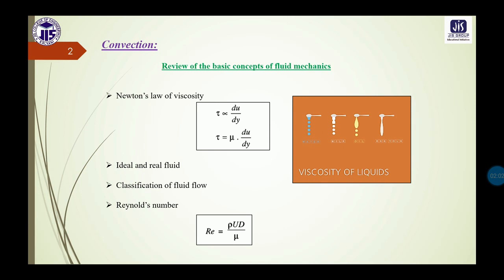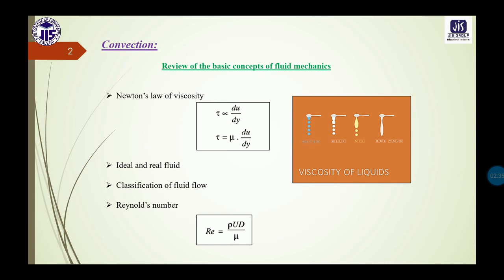Any shear stress applied to a fluid, it may be negligibly small, but it will result in motion of the fluid. That means the fluid moves and deforms continuously as long as the shear stress is applied. So from this concept we can define that a fluid is a substance that deforms continuously when subjected to a shear stress, however small the shear stress may be.